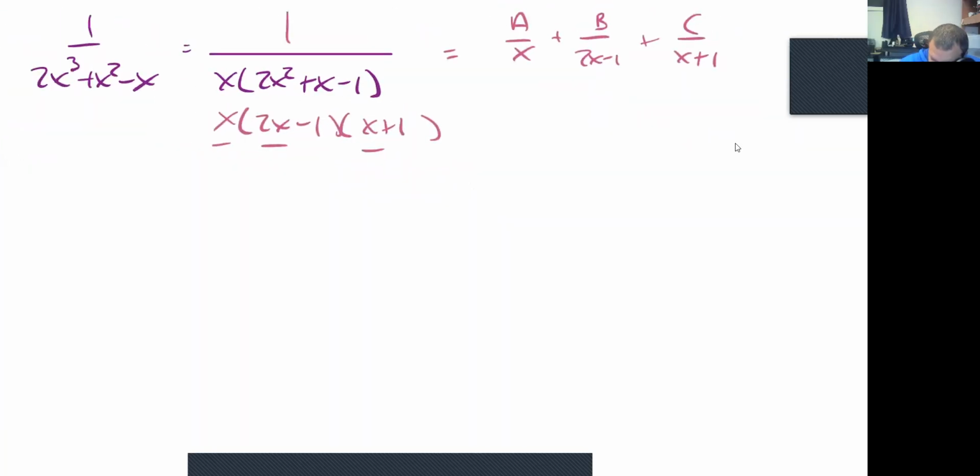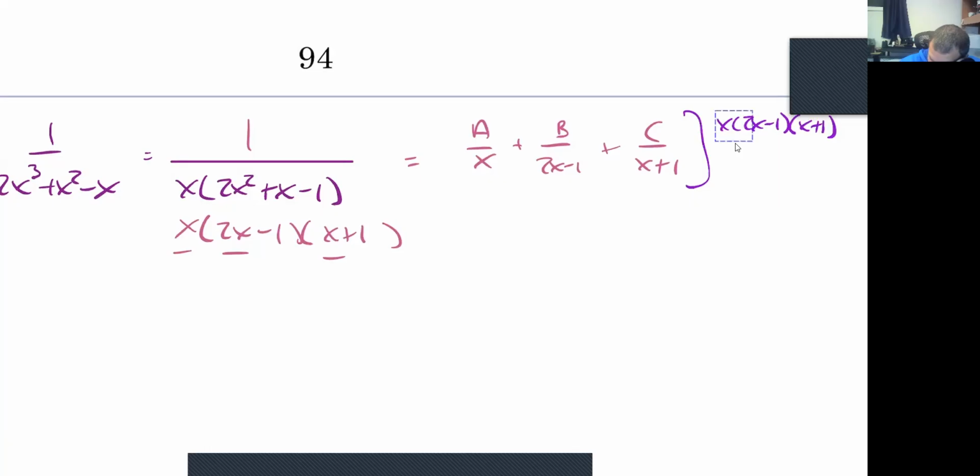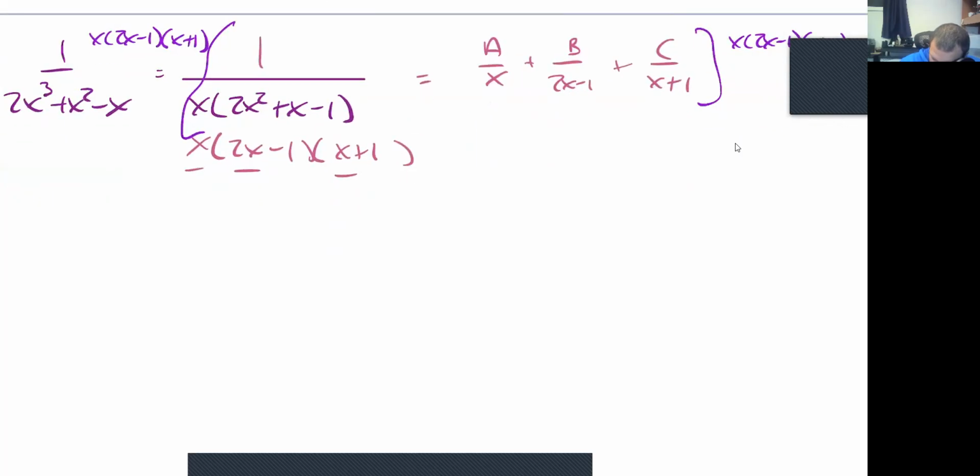All right, so let's clear out the fractions. If we multiply everything by the least common denominator, x times 2x minus 1 times x plus 1, on both sides, we're going to end up with something that looks like this.